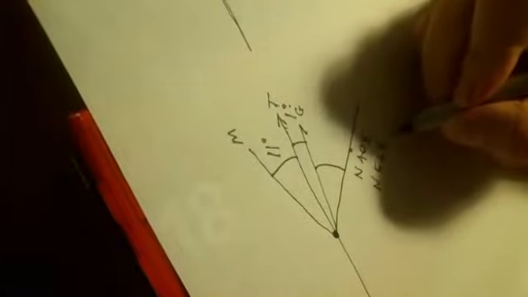That would be 52 degrees. You would have to run 52 degrees by your magnetic compass, which is that angle right there, off of magnetic north today.